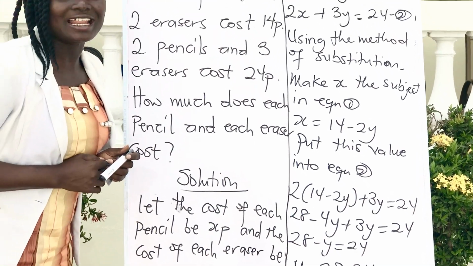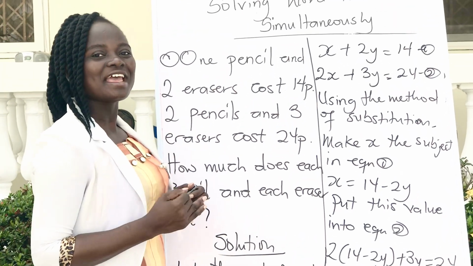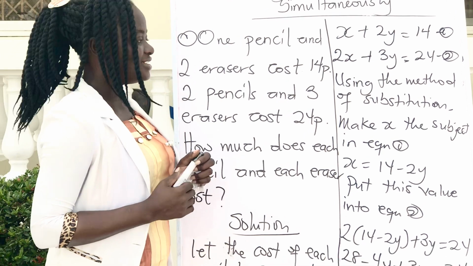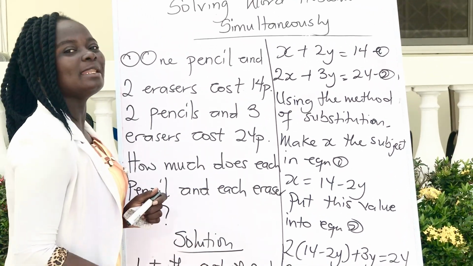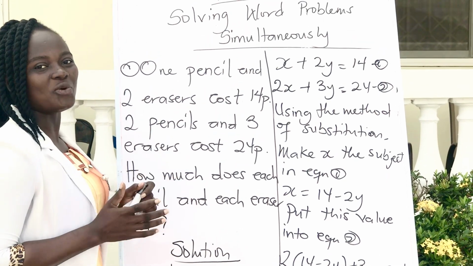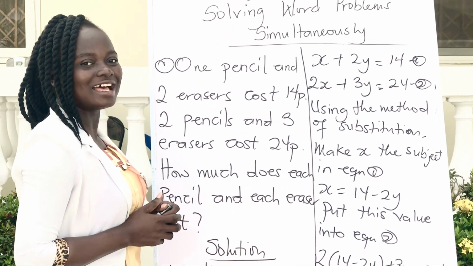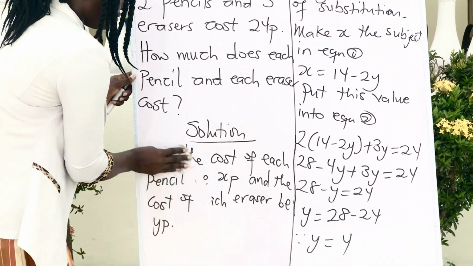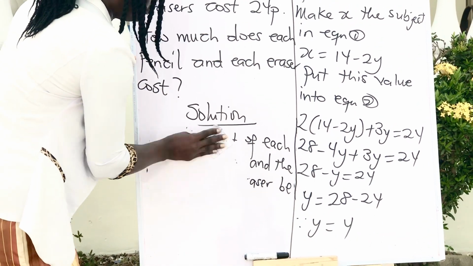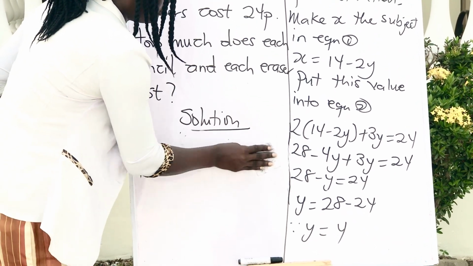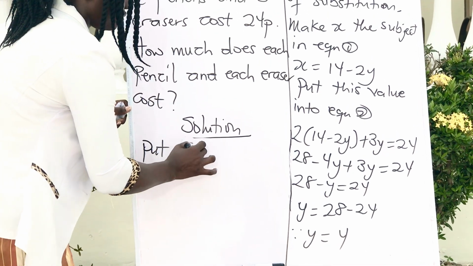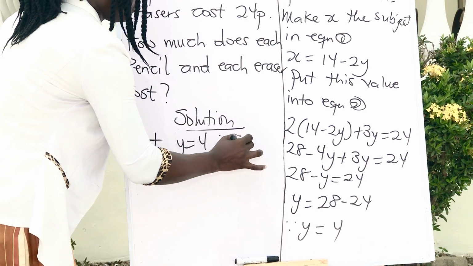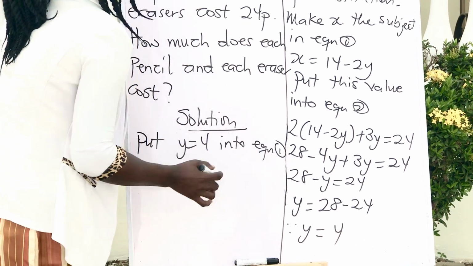You are not done. You are to look for X and Y. So when you finish getting your Y, substitute it back into any of the equations to get your X as well. Good.